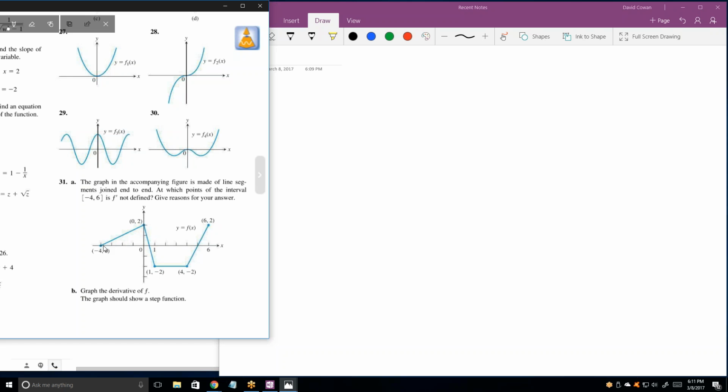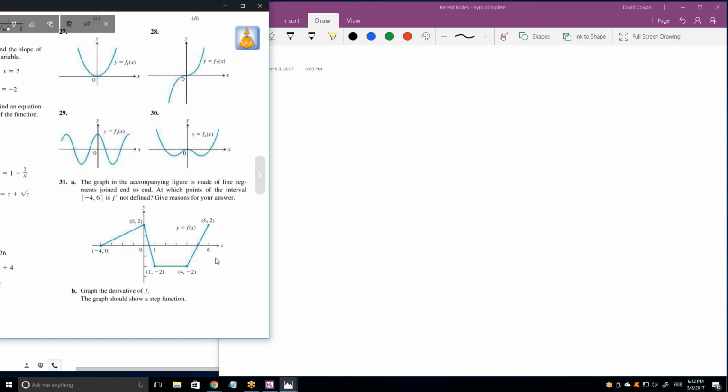Now, at this point down here, I can find the slope of the tangent line. It's the same as the slope of this whole line right here. So it is differentiable from x equals -4 to x equals 0, but it's not differentiable at x equals 0.